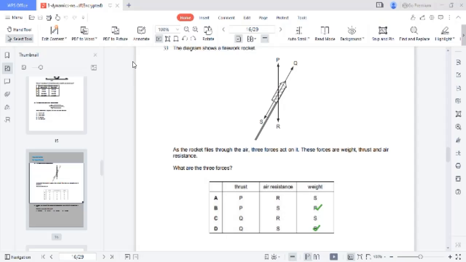Air friction is S, because it is always opposite to the direction of motion. If the rocket is going in this direction, then the frictional force would be acting in this direction. So S is our air resistance.